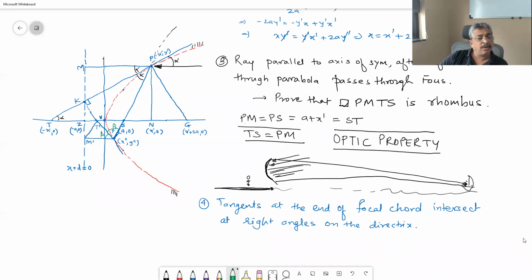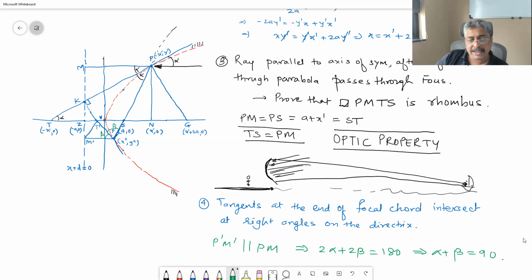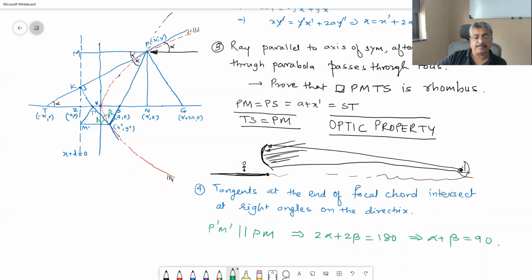And therefore, P'M' is parallel to PM. Therefore, 2 alpha plus 2 beta is equal to 180, interior angles, which implies alpha plus beta is equal to 90, and therefore P'K is perpendicular to the tangent at P, which implies P'K is perpendicular to PT.